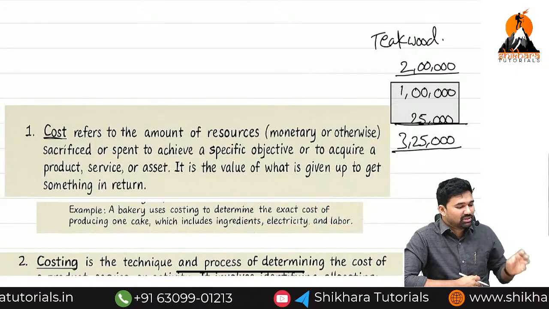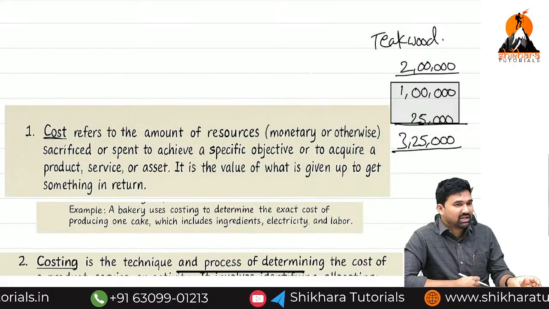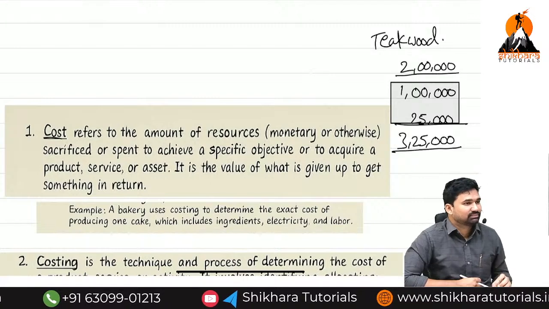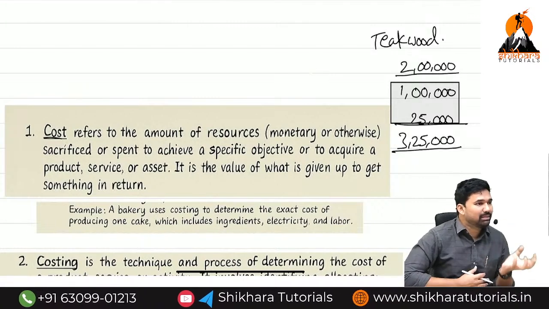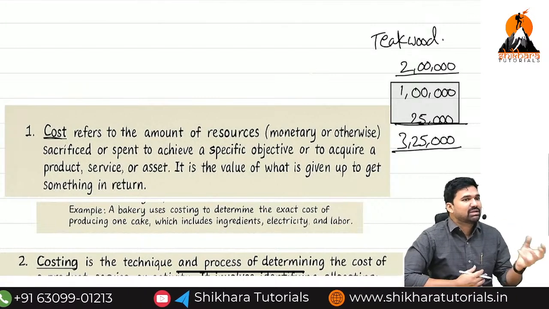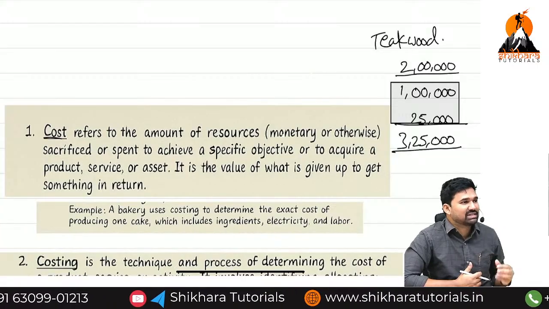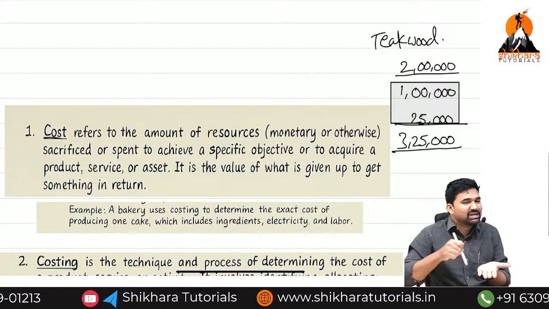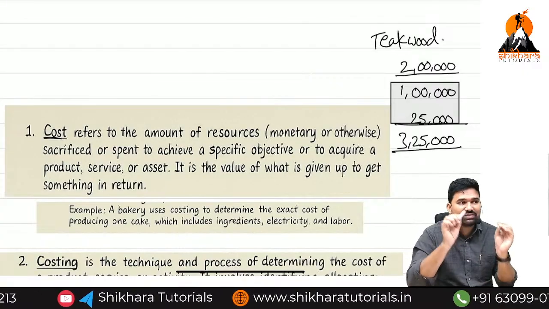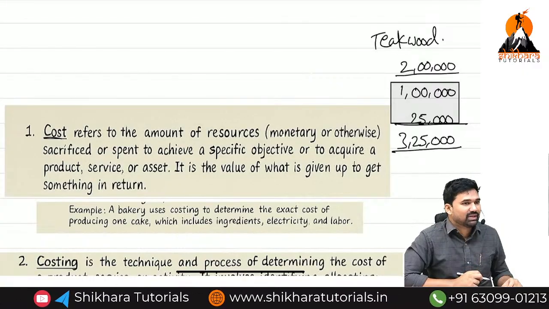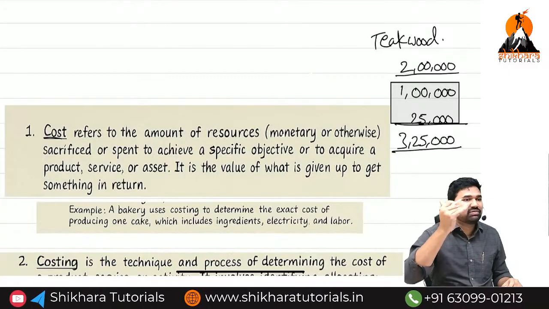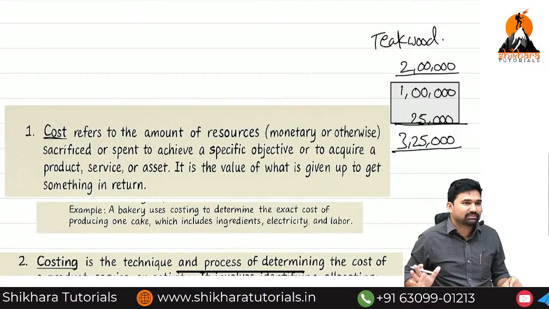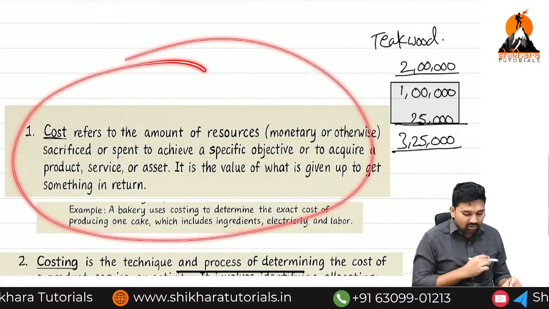Okay, so the cost of that cake should include the amount of material spent and the amount of labor spent and the other administrative overheads like electricity and rental and all. All components will form part of the cost of that cake. To that cost, profit will be added and accordingly the selling price will be decided. So this is what we call cost.